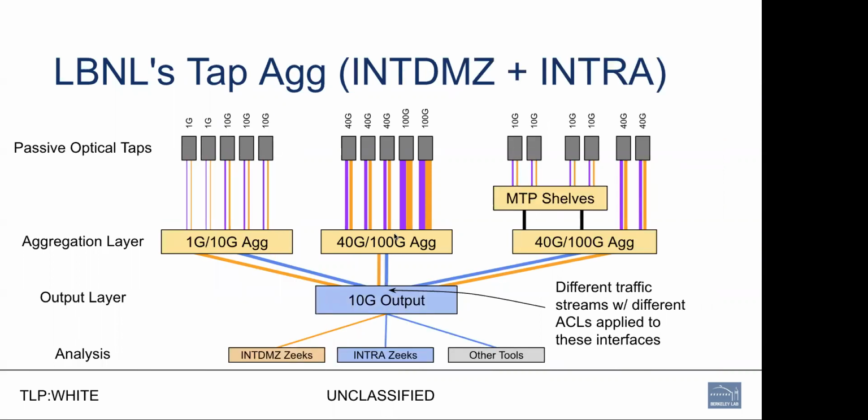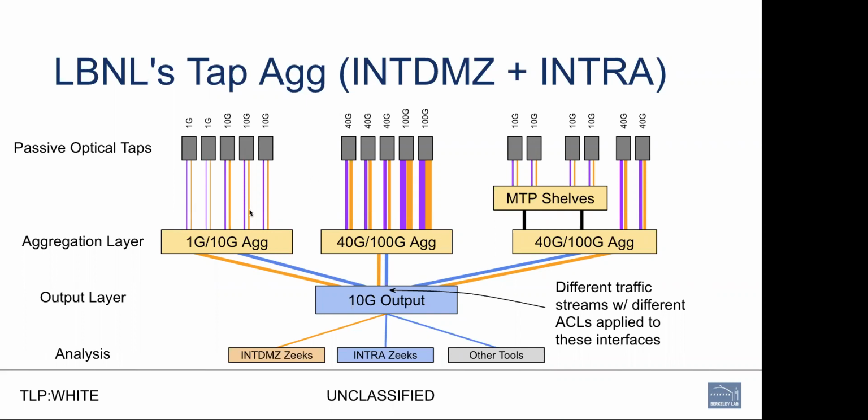Where it does get more interesting is our internal DMZ and our intranet tapping infrastructure. Today, those are two separate layers. They're installed on different types of links, but we feed them into a single TAP-AG infrastructure. So we still have the aggregation layer here and an output layer, but we're feeding both sets of taps into it.